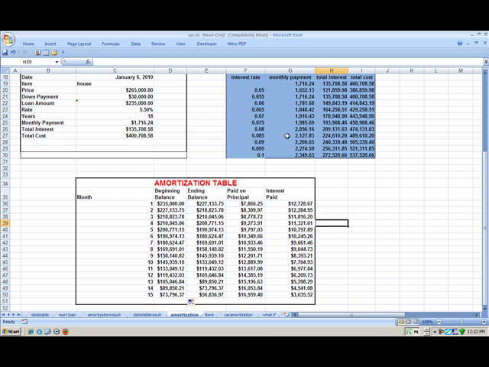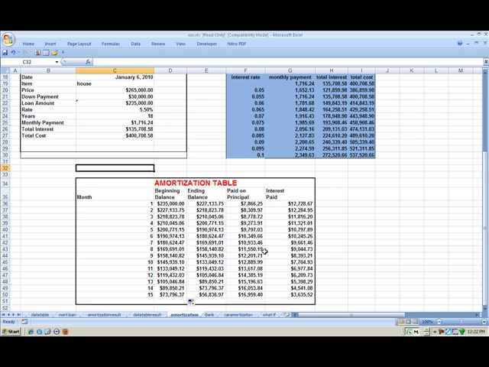And slight changes here. Instead of having month, I should have year, etc. In any event, we do see that the beginning balance, which started at $235,000, is now down to $73,000 after a period of 15 years. And the ending balance, we see what has happened with that as well.